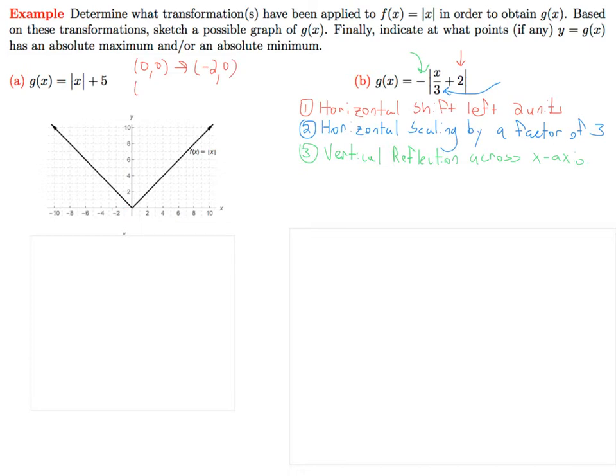The point at (1, 1) is going to get moved to the point at (-1, 1), 2 units to the left. And the point at (-1, 1) gets moved to the point at (-3, 1), 2 units to the left. So plotting these points, here was (-2, 0), here was (-1, 1), and here was (-3, 1).